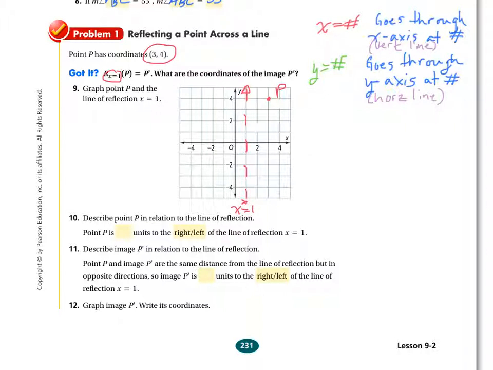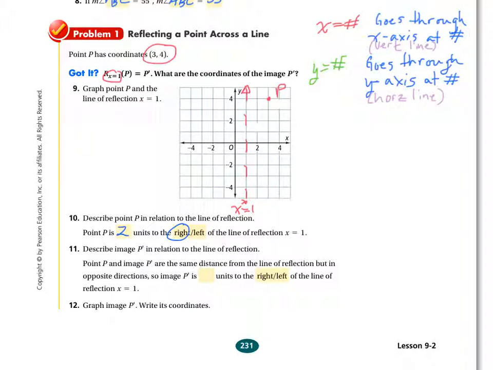So then answer the questions below. Describe point P in relation to the line of reflection. So point P is what in relation to the line of reflection? 2 units, what direction? To the right. So we are 2 units to the right. Describe the image for P prime.